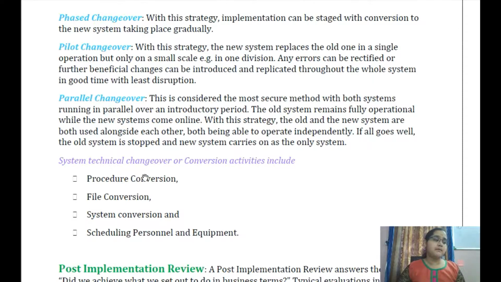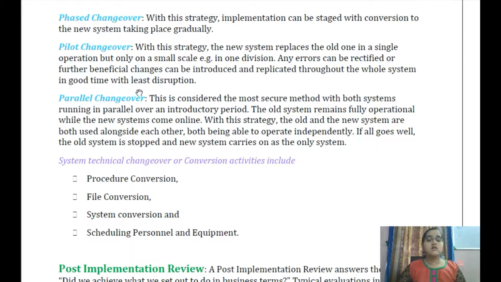Procedure conversion is nothing but the operating procedure, meaning how the system must be utilized, which must be explained to the user beforehand. What are the inputs required, what will be the output, which functional area is being affected, how the operating procedure is to be followed, what to do; all these queries regarding how to use or operate the system must be briefed and explained to the user beforehand.